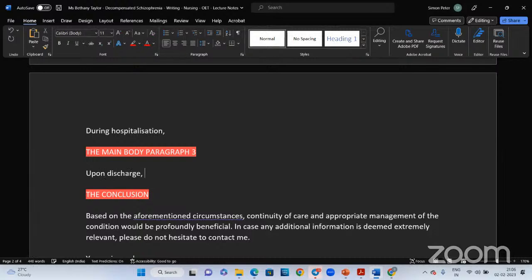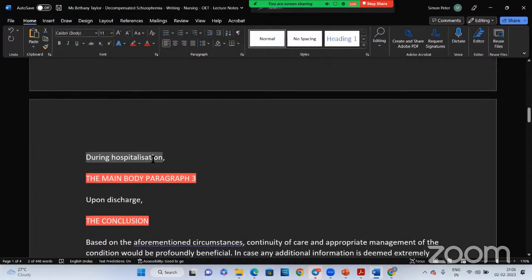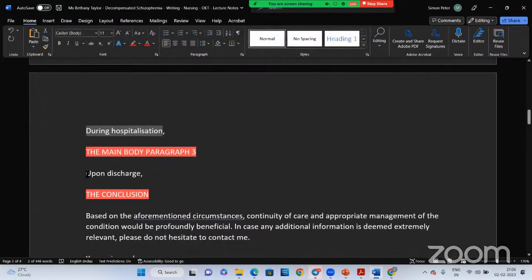Upon discharge. I'm just giving you an idea. That's all. So here, in the discharge letter, you'll write first upon admission. That means at the time of admission, what was her condition? During hospitalization, how is the improvement? Upon discharge, what is required? So this is the discharge plan. You'll write the discharge plan here.